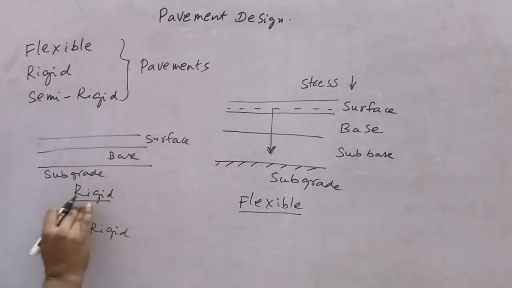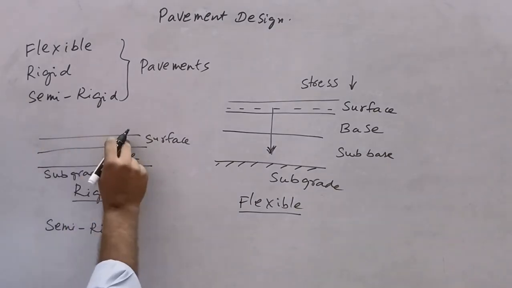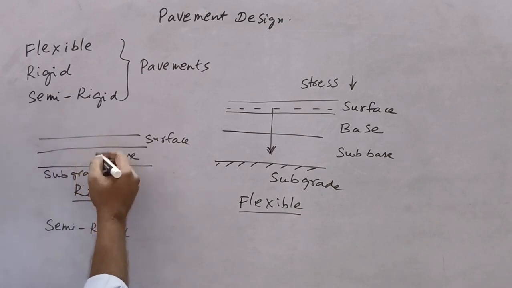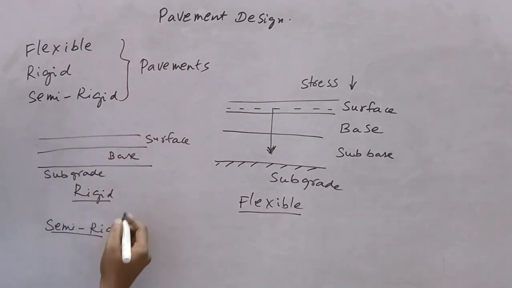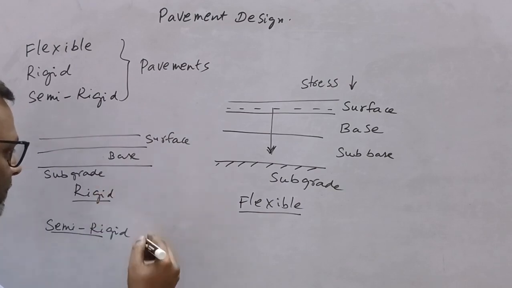But for rigid pavements, the stress is almost taken by the surface itself, so there is no distribution of the stress. But semi-rigid is in between flexible and rigid.